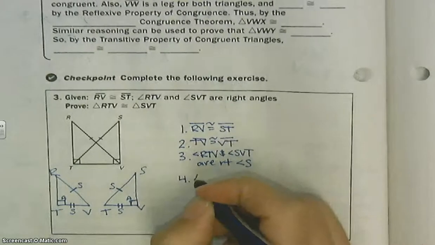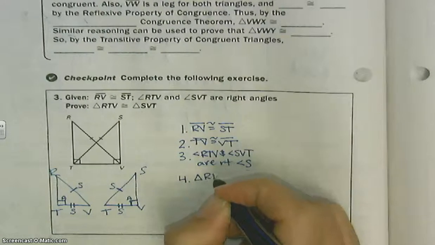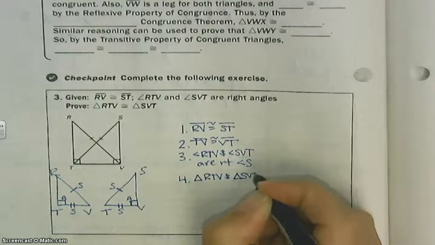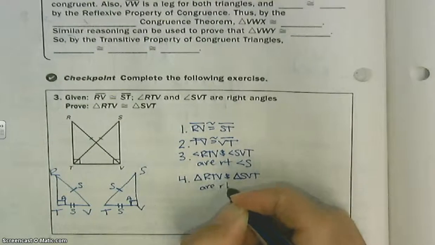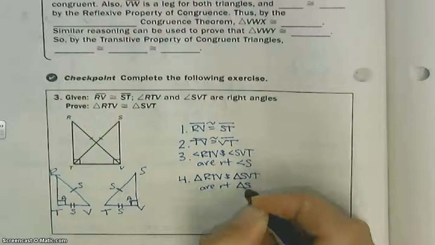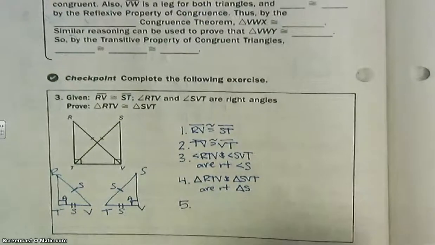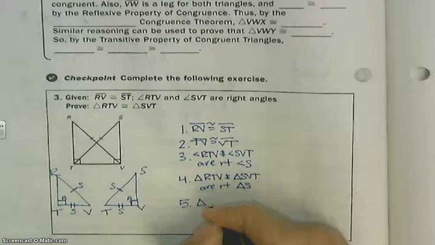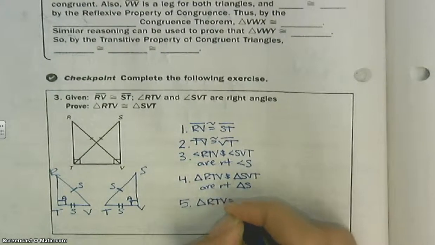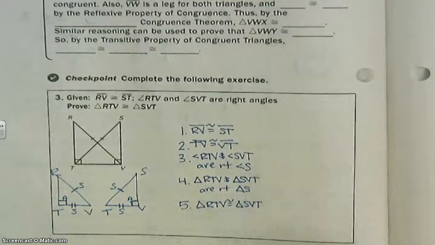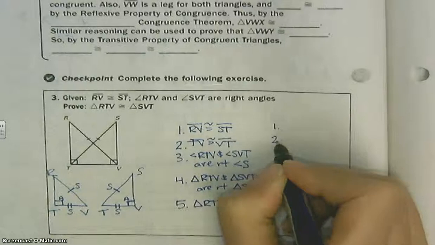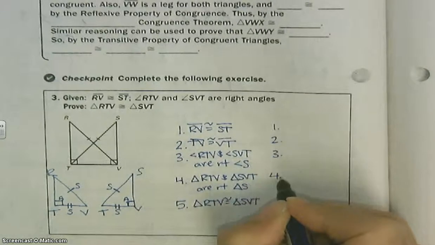So we have to say triangle RTV and triangle SVT are right triangles. So now, let's see, we've got everything we need. Triangle RTV is congruent to triangle SVT. Take a moment, pause the video, see if you can list all the reasons for this, and then we will check our answers.